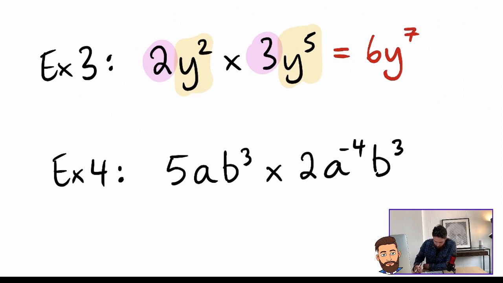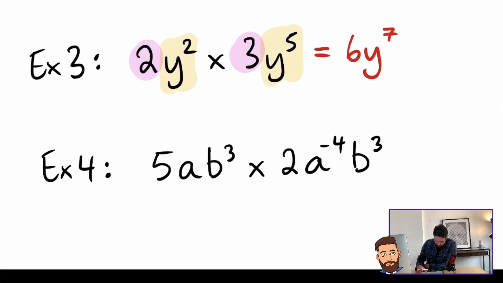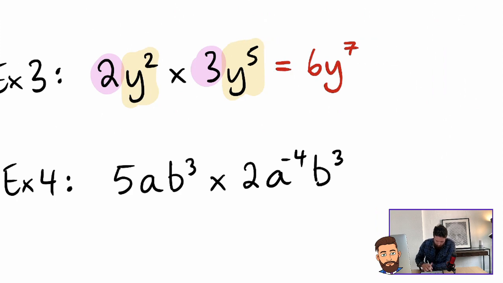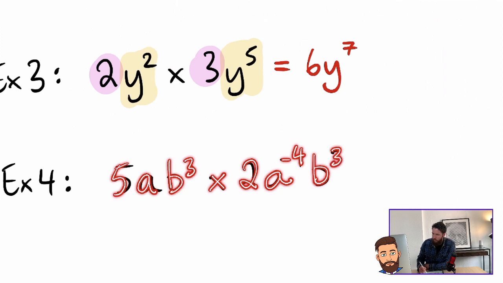Okay, and then example 4 is an extension of this. And this is going to recall back to something I said right near the beginning. Very similar example to this, there's just more going on. We've got 5a b cubed times 2a to the minus 4 b cubed.